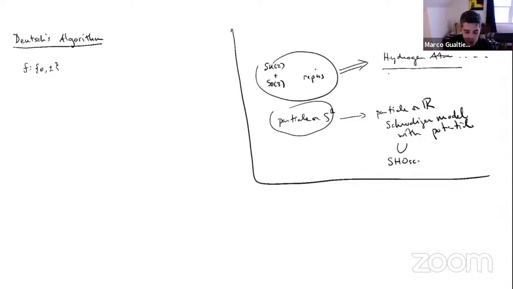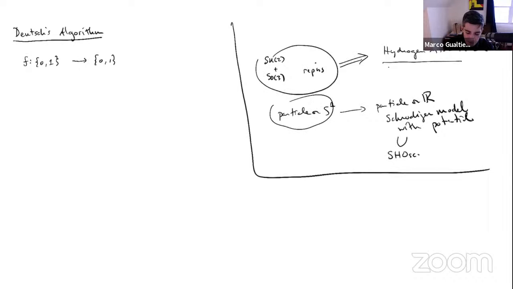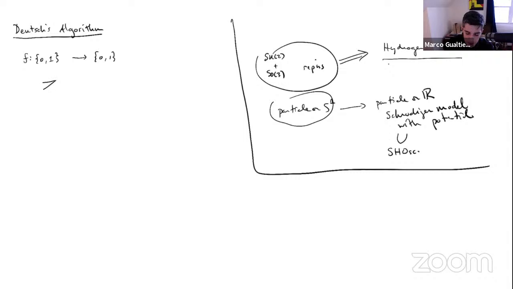Let's look at the simplest possible thing. Let's say we have a function from {0, 1} to {0, 1}. So there are 4 possible functions. This one, this one, this one, and this one.